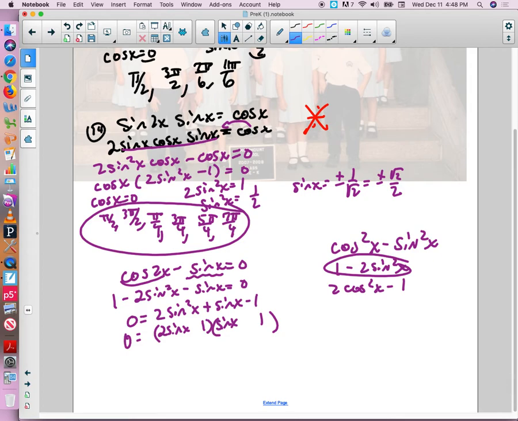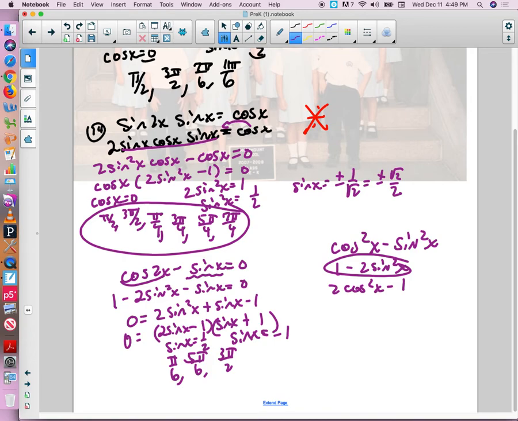It's going to be plus and minus, I believe. So I get sine x equals 1/2 and sine x equals -1. So my answers are pi over 6, 5 pi over 6, and 3 pi over 2. So that's an example of how to choose what to do.